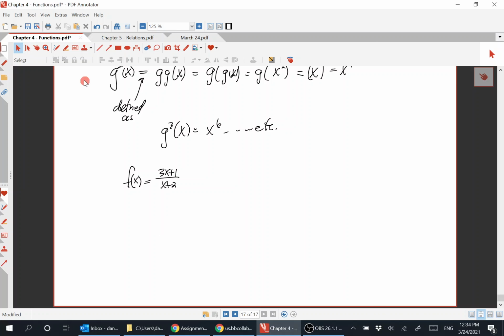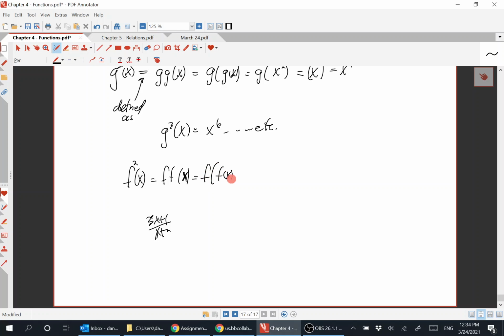So f squared of x, where f of x is 3x plus 1 over x plus 2, is f following f of x, which is equal to f of f of x.